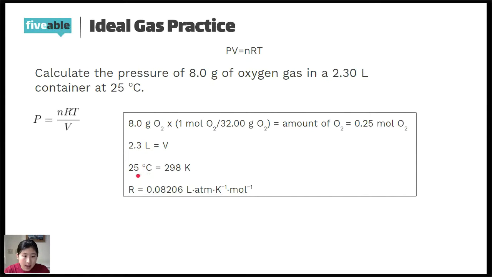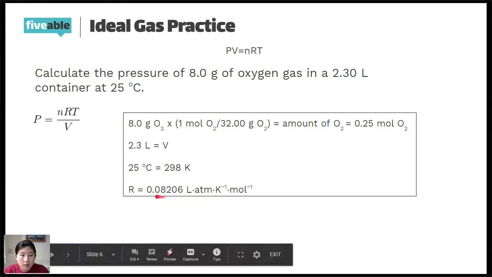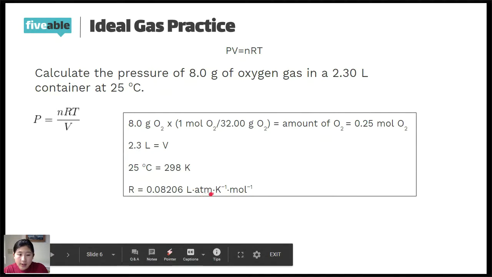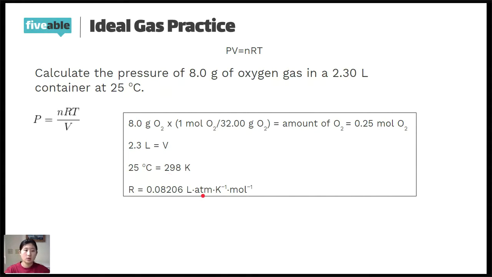All right. And for R, we're going to use the equation that has the liter unit and the atm and the kelvins and the mole unit. Is that all making sense? You can see here the atm unit in the end transfers to the pressure unit. So over here we don't have a pressure.